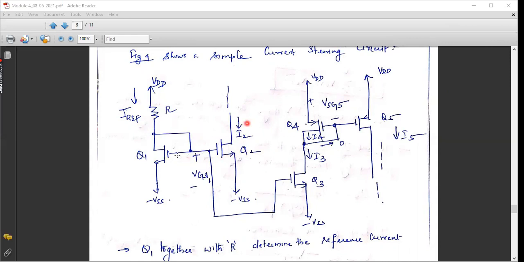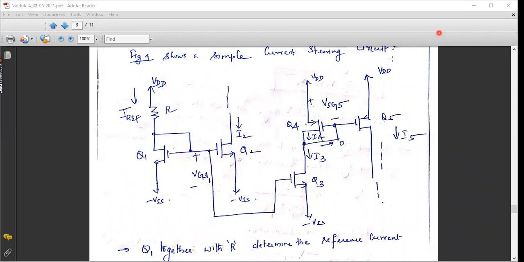Please note that if both transistors Q1 and Q2 are matched, then the output current I2 will be almost equal to IREF. Then it is called a perfect current mirror circuit because that mirroring is happening. Whatever reference current I have designed by using this resistor R, the reference current will be the same as your output current. So Q1, Q2 will form a current mirror circuit.